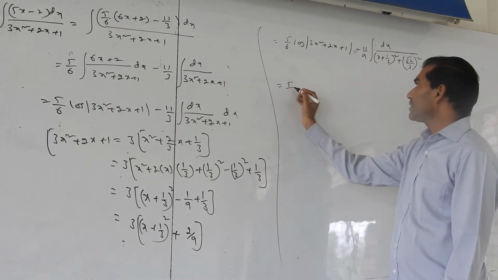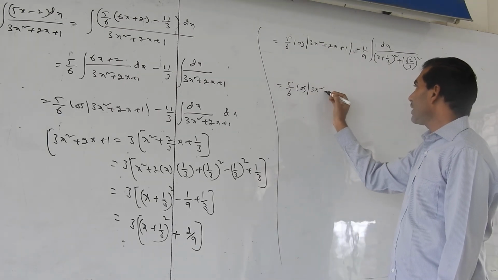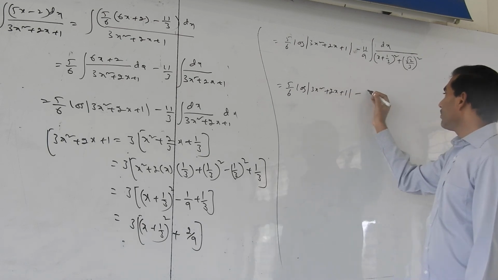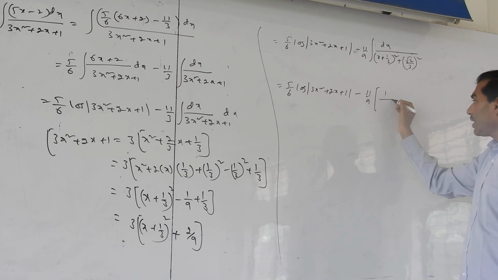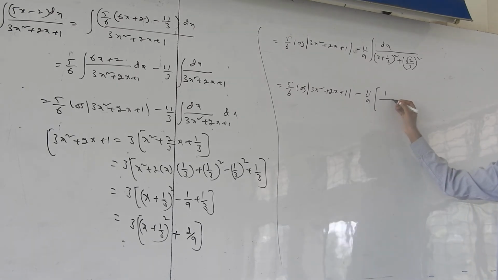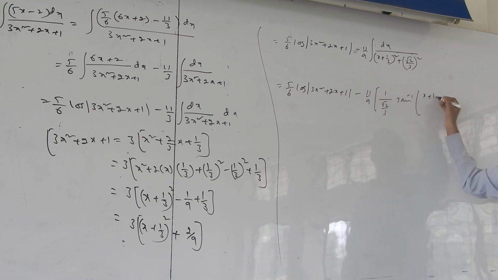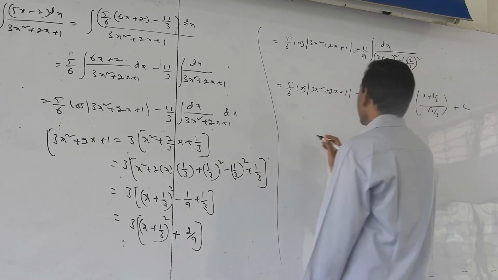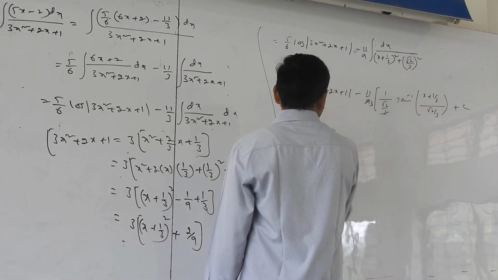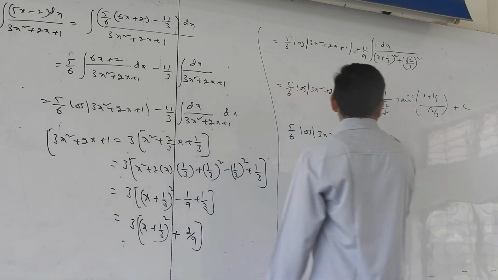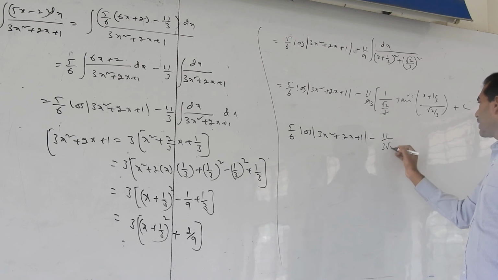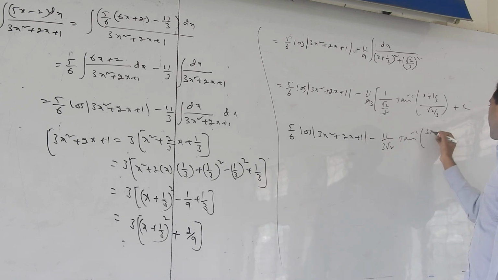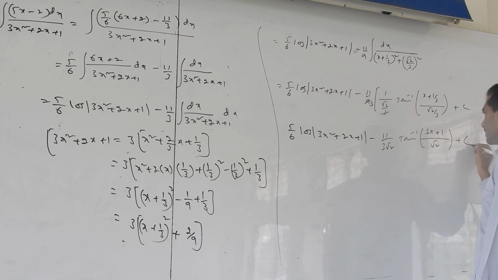So 5 by 6 log of 3x square plus 2x plus 1, minus 11 by 9 into 1 by root 2 by 3 tan inverse of x plus 1 by 3 by root 2 by 3, plus c. Simple, here 3 gets cancelled. So 5 by 6 log of 3x square plus 2x plus 1, minus 11 by 3 root 2 tan inverse of 3x plus 1 by root 2, plus c.